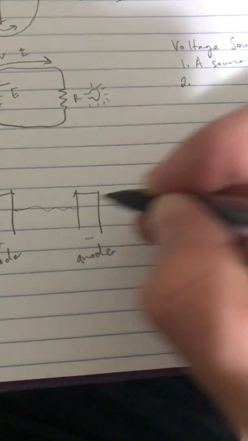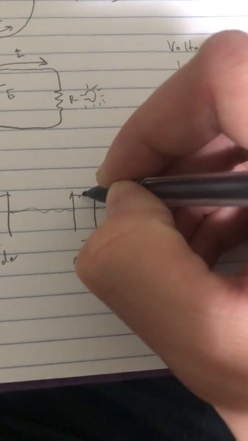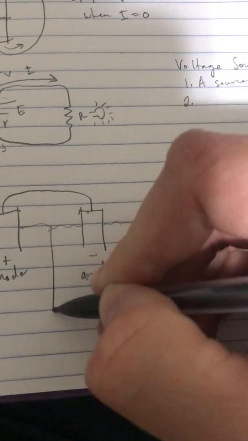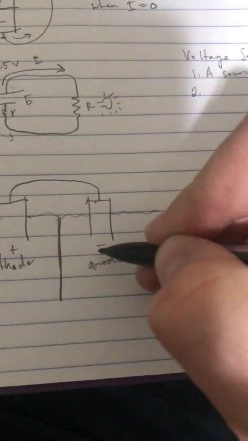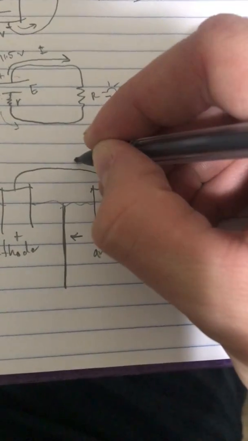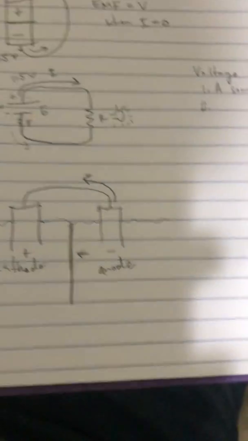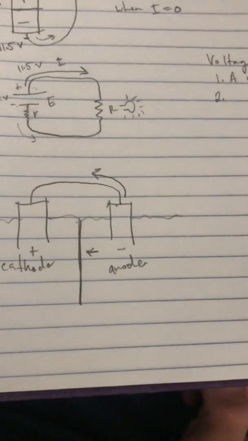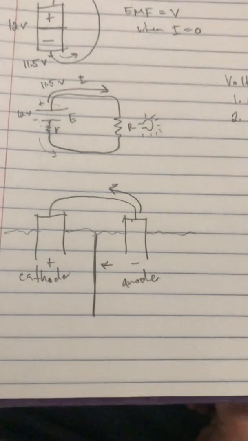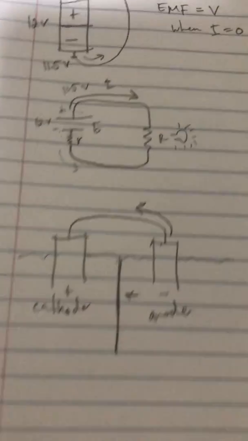Usually batteries have some kind of sulfuric acid in there. So you've got a barrier here, so these negative charges can't flow directly into here. They have to flow through here, like a copper wire or something, and that's what creates a current and that's what generates energy.